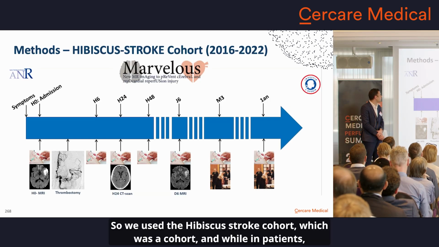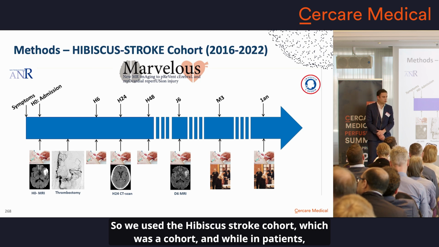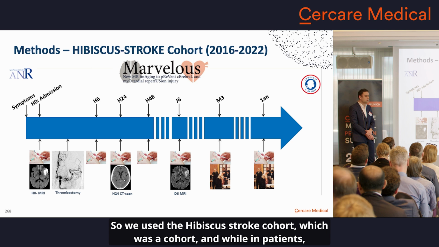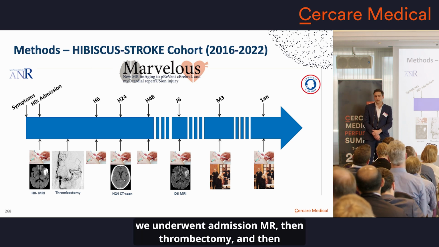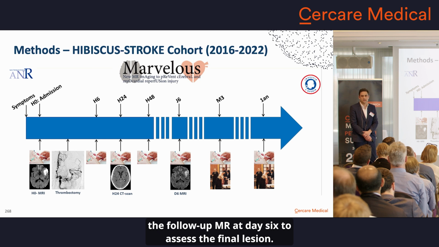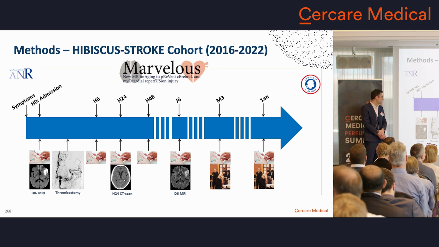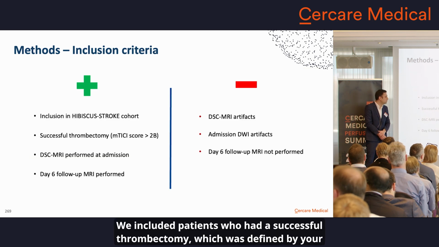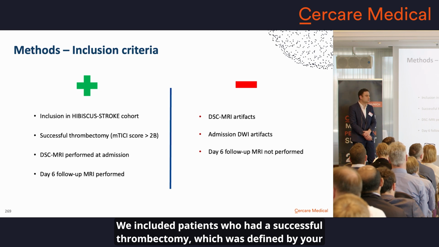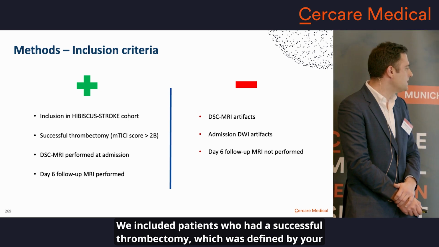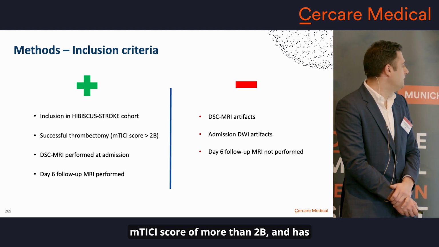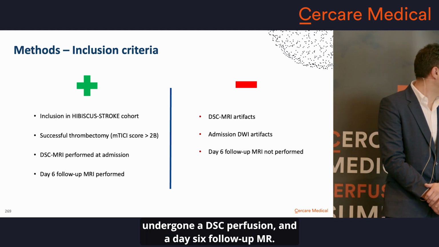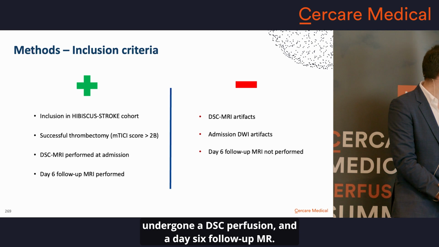So we used the HIBISCUS-STROKE cohort, which enrolled patients who underwent admission MR, then thrombectomy, and then follow-up MR at day 6 to assess the final lesion. We included patients who had successful thrombectomy, defined by an mTICI score of more than 2B, and who had undergone a DSC perfusion and a day 6 follow-up MR.